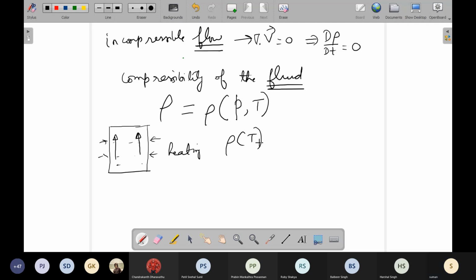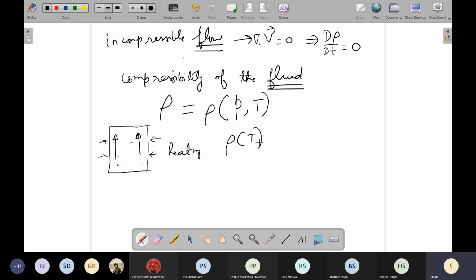This is ideally not always related to the compressibility of the fluid. In fact, even for an incompressible fluid this happens. If you have liquid water, even before it becomes water vapor, and you heat it from the sides in the container, you will see this motion start even before it is vaporized.